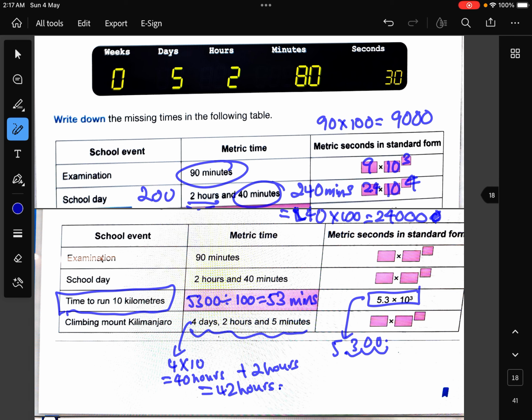Okay, but not forgetting that 1 hour actually has 100 minutes. Okay, so 1 hour is equal to 100 minutes. So if you have 42 hours, we're gonna take 42 times 100. That's gonna be 4,200, and not forgetting we're gonna add the 5 minutes here, so we're gonna have 4,205 minutes.